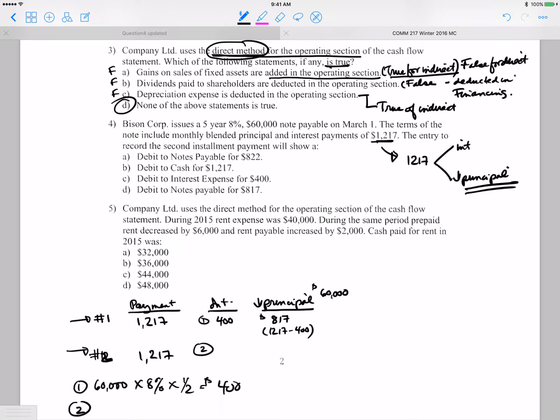So your new principal is $60,000 minus the $817, which gives me $59,183, and you multiply that by the 8% interest charged, and that is the amount of interest expense for month number 2, 1/12.